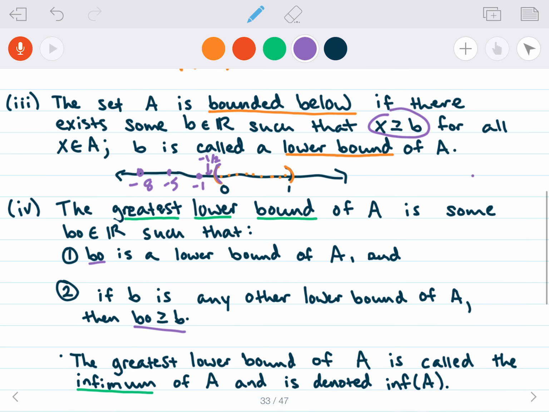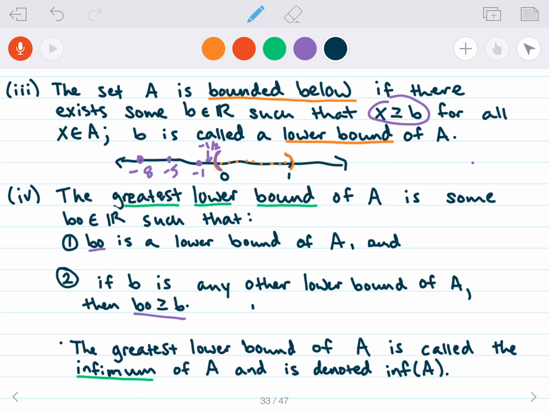So maybe I'll write this in red. In (0, 1), 0 is a lower bound.